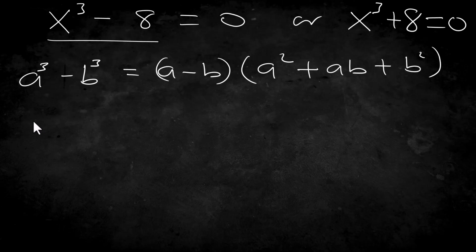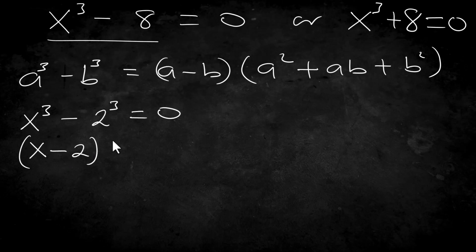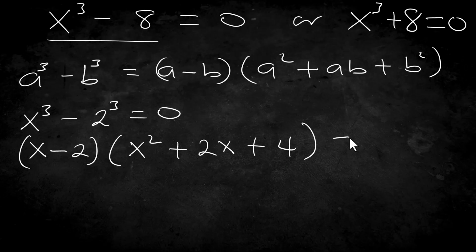So x cubed minus 8, the same as x cubed minus 2 cubed, equals 0. So we have x minus 2 times x squared plus the product 2x plus 2 squared, which is 4, equals 0.